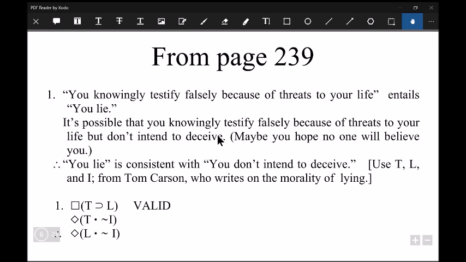So the first question asks, what is lying? It isn't just when you say something false, because maybe it's an honest mistake. You're not lying, you just say something and it's wrong, but you didn't know any better. You're trying to do your best. We wouldn't call that a lie. Nor is it a lie if you say something false, but you're joking or you're play acting or something else.